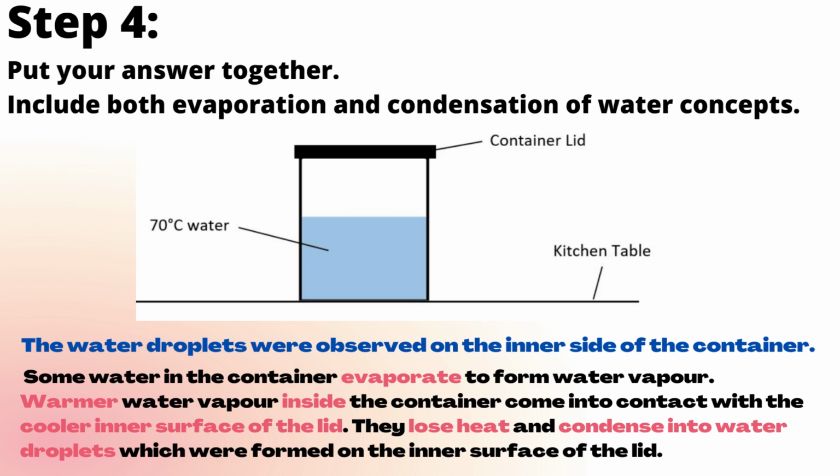Now, that requires more detailed explanation because that is the key and the focus of this question. All right, now, warmer water vapor inside the container. You have to make it clear in your answer where the water vapor is. It is not from the surrounding outside the container. It is from the inside of the container.